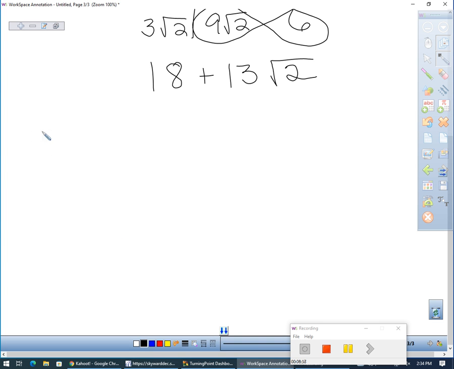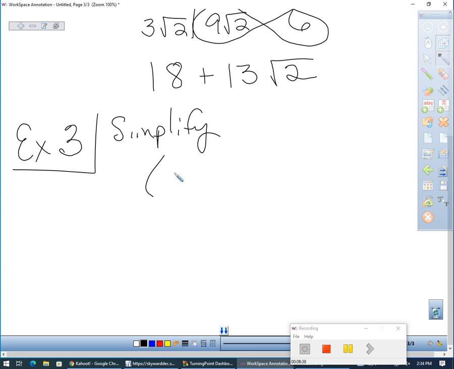Do another one. How about sample number 3? I want you to simplify 5 minus the square root of 3 squared. What does that mean?